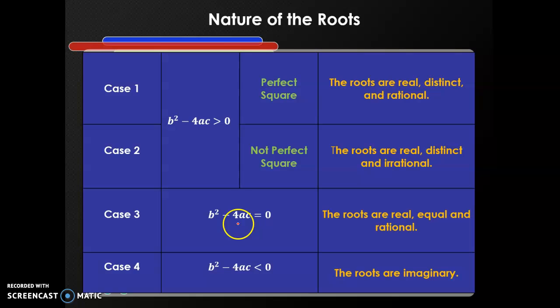Now in case 3, if the discriminant is equal to 0, the roots are real, equal, and rational. So if you still remember, there are times in a quadratic equation that the roots are just equal, so we just write one of the roots. So basically, the discriminant of that particular equation is 0, and the roots are real, equal, and rational.